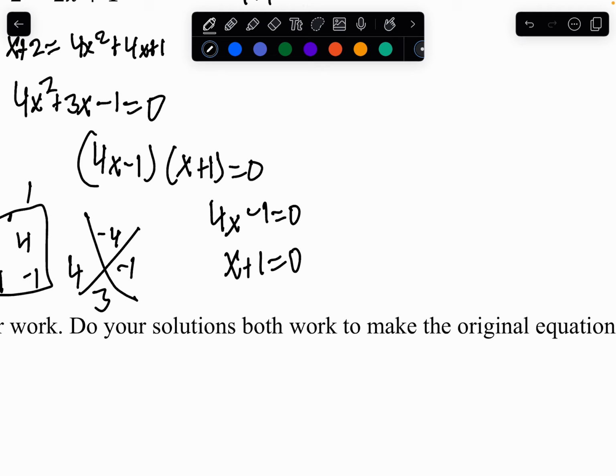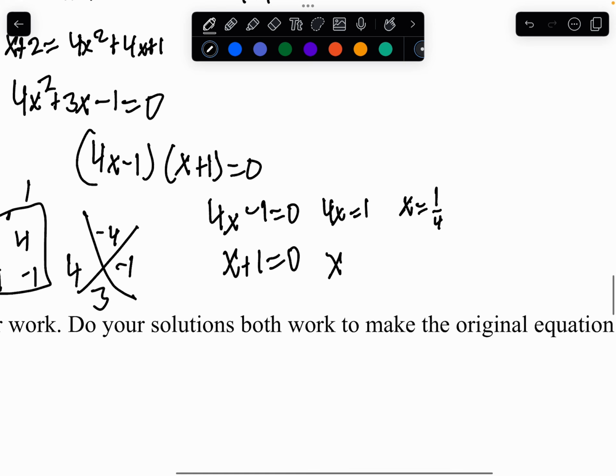My pencil's really lagging, or my Notability is. So 4x equals 1, divided by 4, you get x equals 1/4. And for this one, subtract 1, you get x equals negative 1.